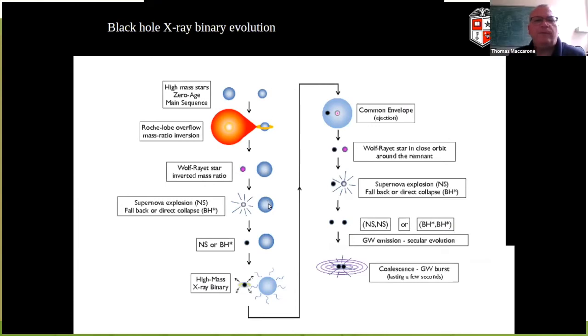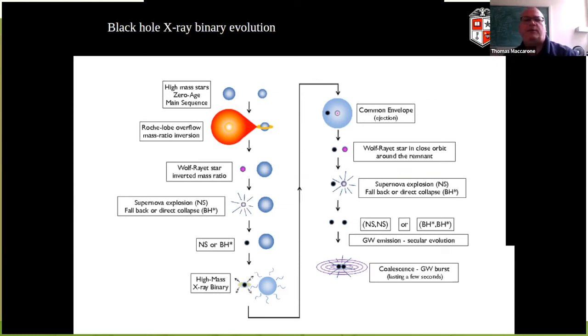Would that not have a shockwave or something that sends the other star away before you can have this pair of compact objects? So yeah, the blast wave will hit the companion star. People are trying to find observational evidence for that, but it shouldn't do too much, because not that big a fraction of the blast wave runs through the companion star.